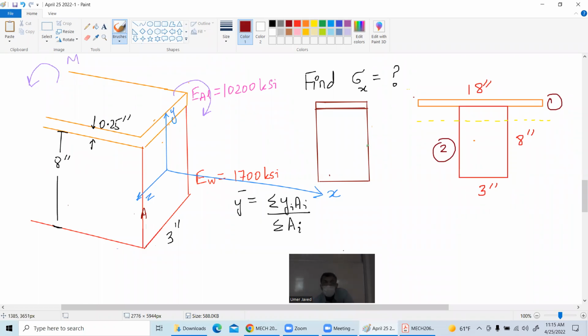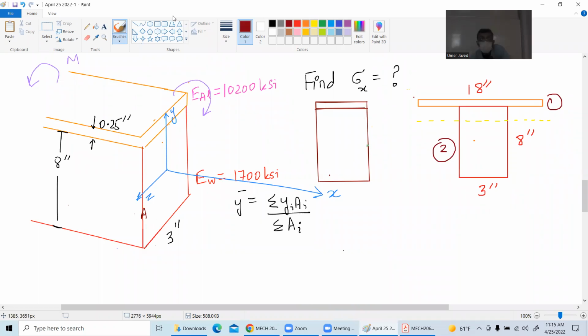Okay, now give me the y prime. So y dash, in order to calculate that, I have to come up with a reference line. So this is my reference line. Now all of you need to calculate y bar. You're not doing this problem, we are not proceeding if you don't give me the y bar.